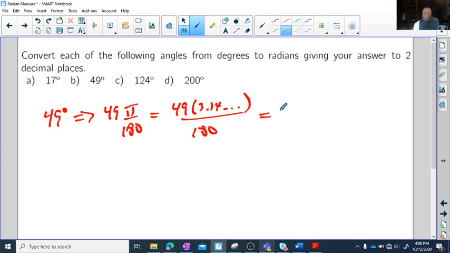So if I just put that in my calculator here, it is 49 times pi, and then divide that by 180. And that would be 0.85, 2 decimals, 0.86, and I would now be in radians.